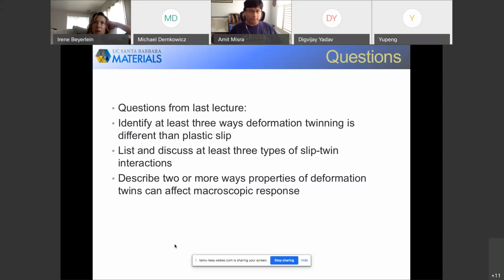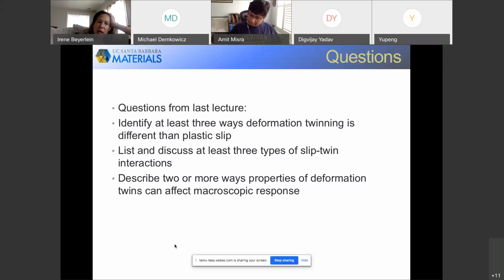So, some of the newer ideas. I had mentioned earlier that the nucleation process was at first thought of as originating from a single dislocation, and that dislocation would dissociate and create one twinning partial.